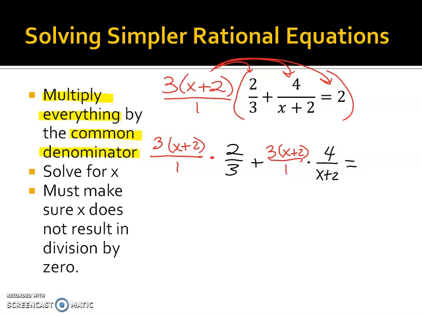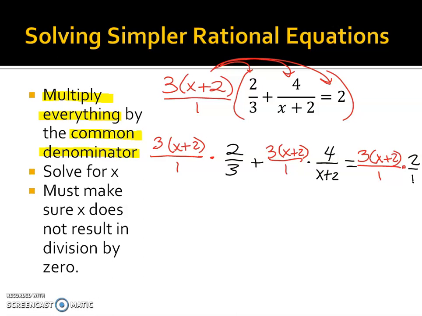Equals, the last thing I have to do is multiply, because it's everything, 3 times x plus 2 over 1 times 2, which is essentially 2 over 1. So I took everything up there by the common denominator.